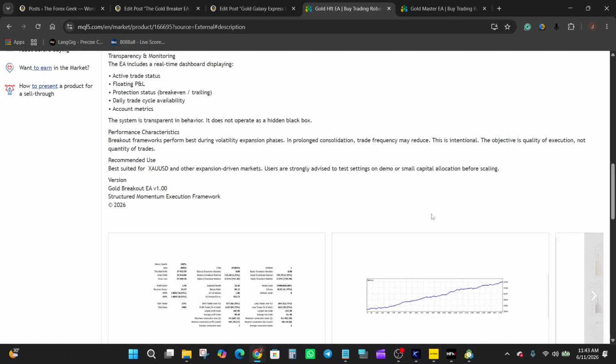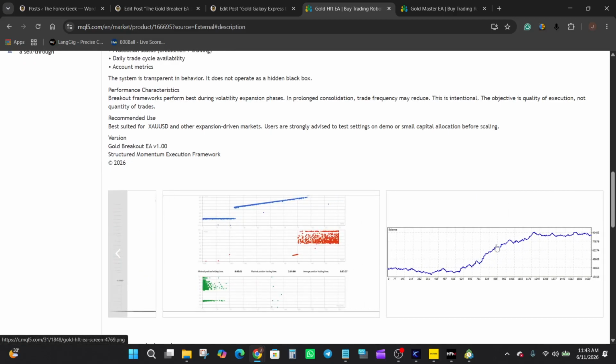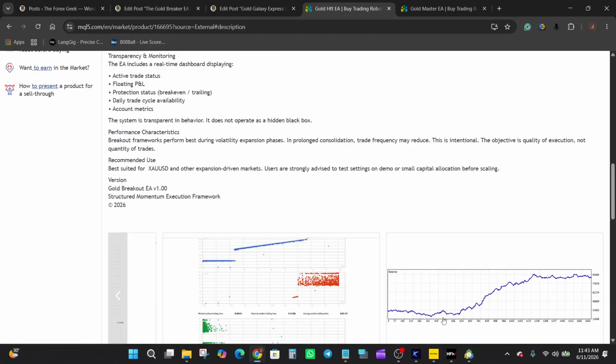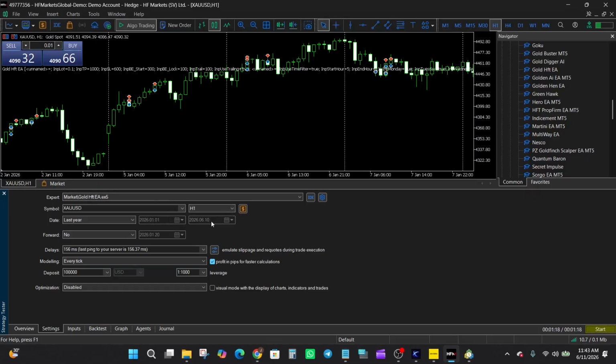All right, and we are just going to be heading over to our strategy tester so that we can see how this EA performed in 2026. So we are testing the Gold HFT EA on XAUUSD on the H1 time frame, and we are testing from the beginning of this year, 1st January 2026 till date. We are using the last ping to the server, every tick modeling.